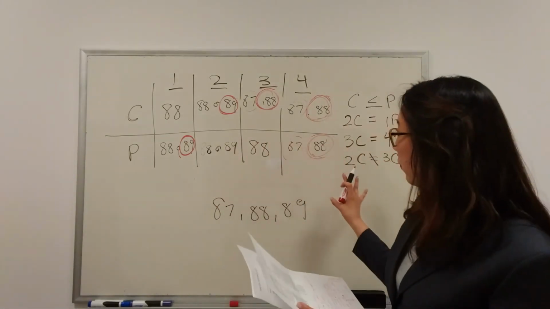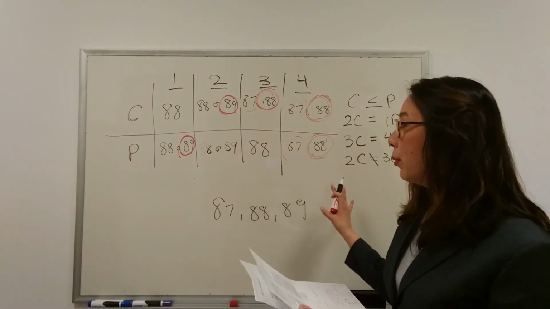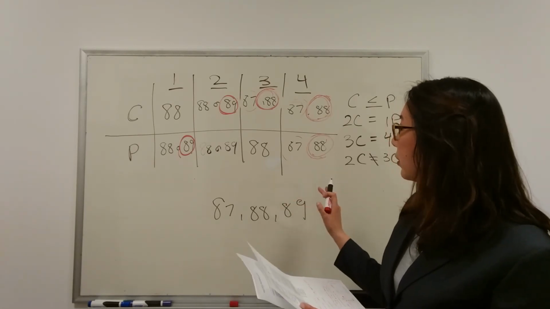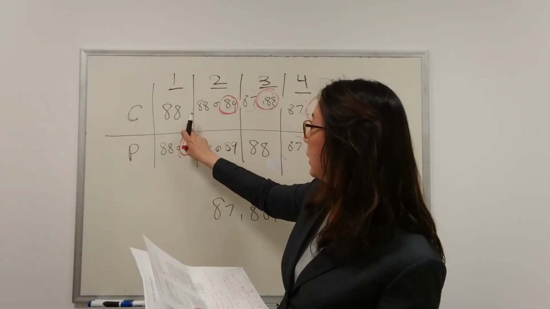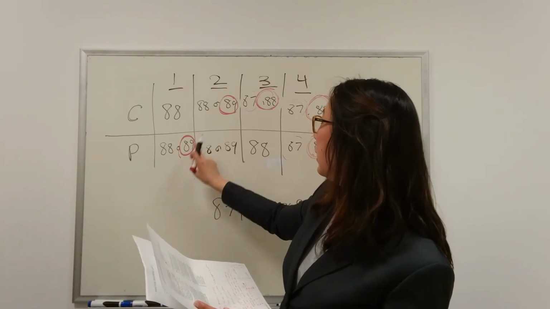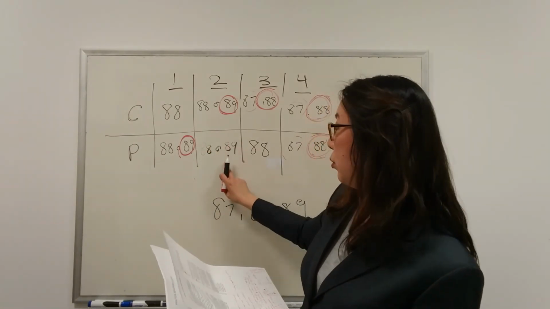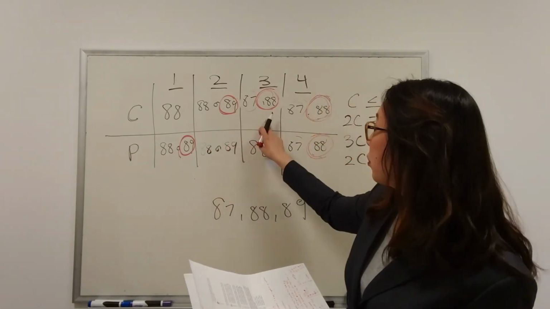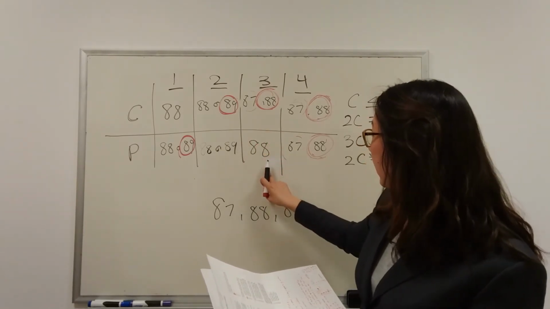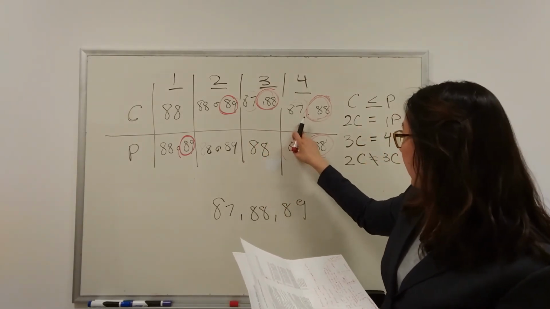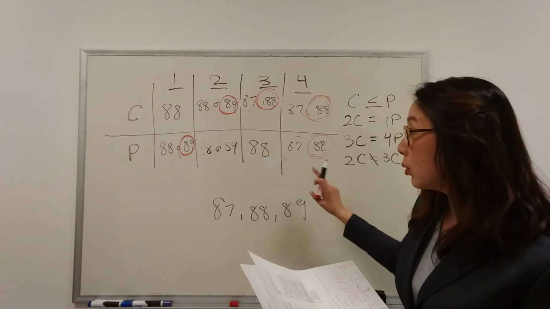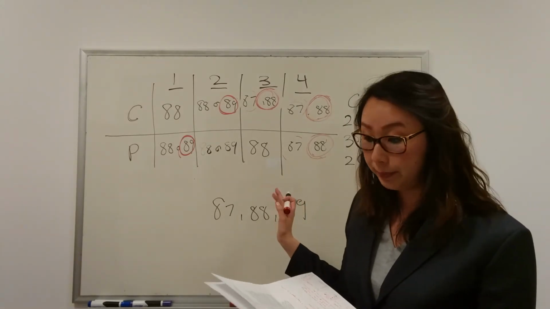So once again, we've narrowed down the board. We figured out what we can figure out. So we know for sure that 1C is 88, 1P is 89, 2C is 89, 2P is still up in the air, 3C is 88, 3P is 88, 4C is 88, and 4P is 88. So we've really narrowed down the board quite a bit.